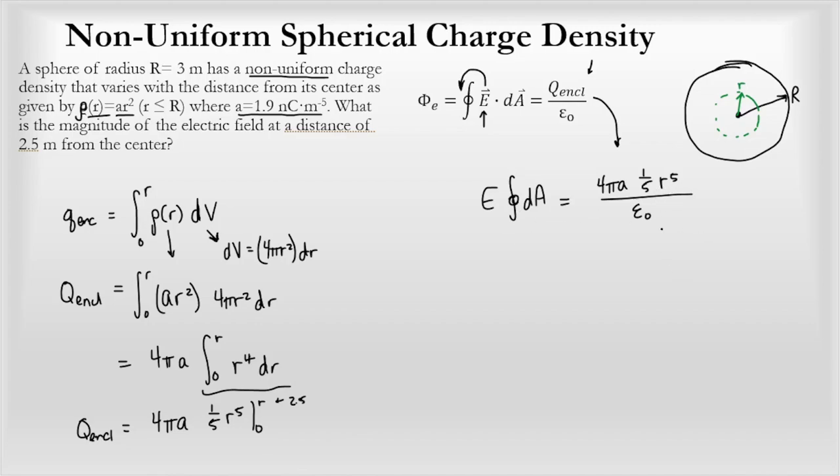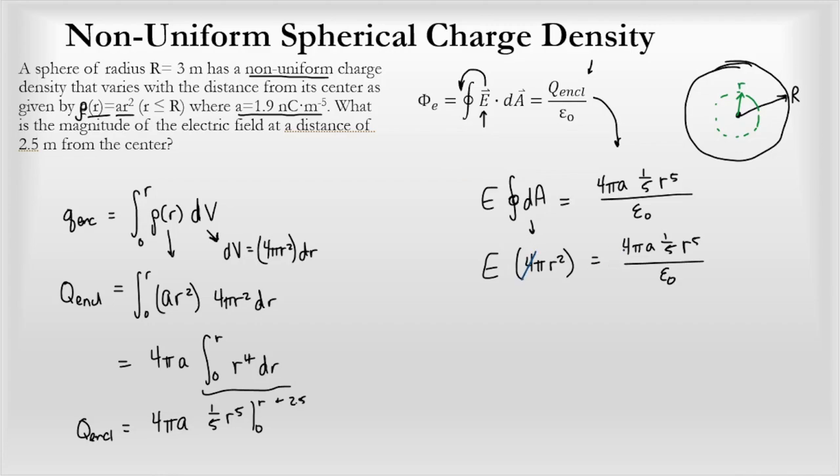Let's keep working on this. The integral becomes trivial. We have spherical symmetry, so we have the surface area of a sphere at radius r. We still have this other stuff on the other side, 1/5 r to the 5th over epsilon naught. I'm going to do cancellations.